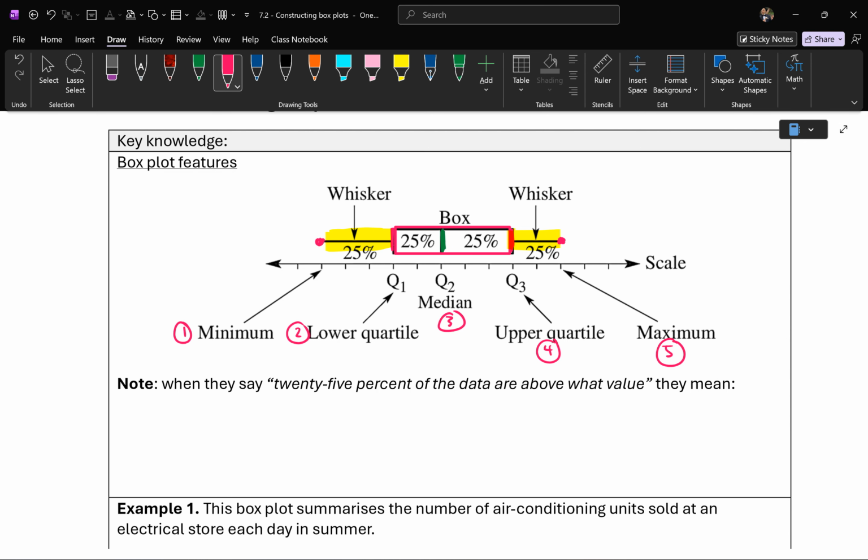For year 11s and 12s, when they ask 25% of the data are above what value, okay, so we know that they're split up into quarters. Each one's 25%. But since you're saying 25% is above a certain number, what is this really asking? Above what value is 25%?